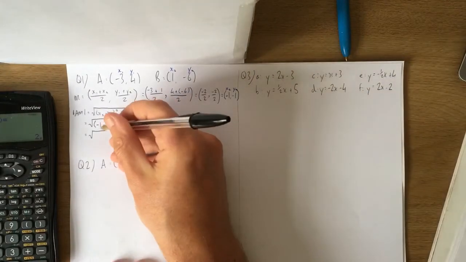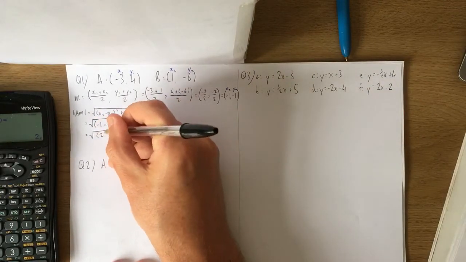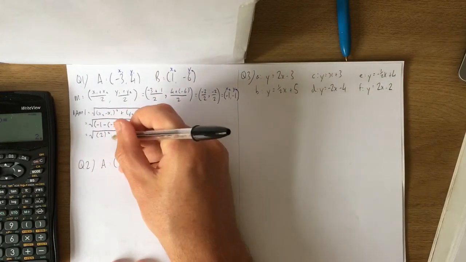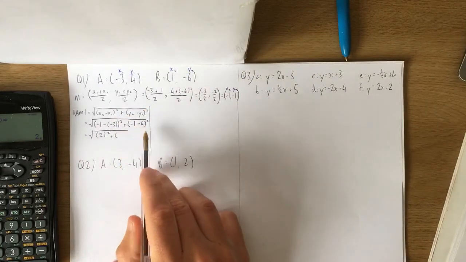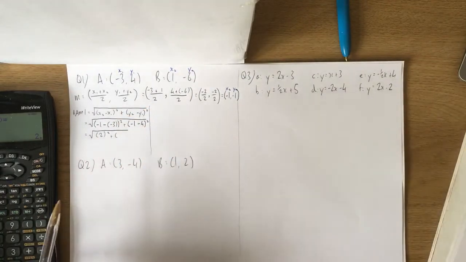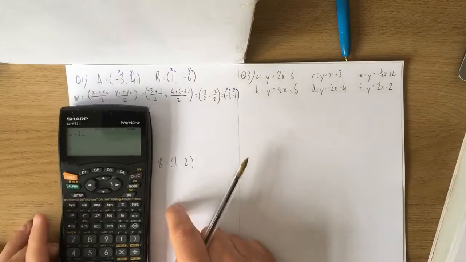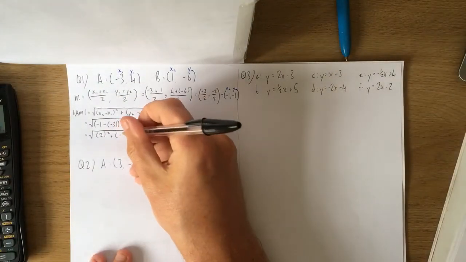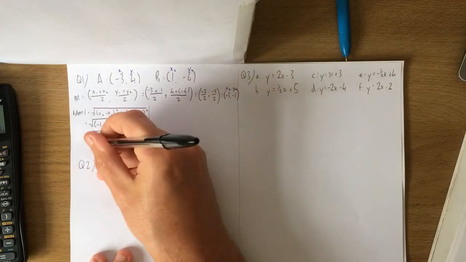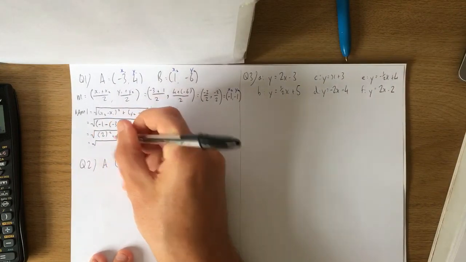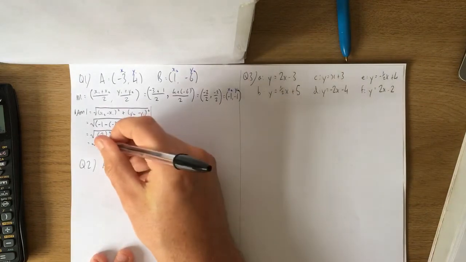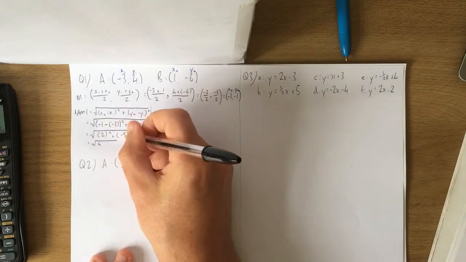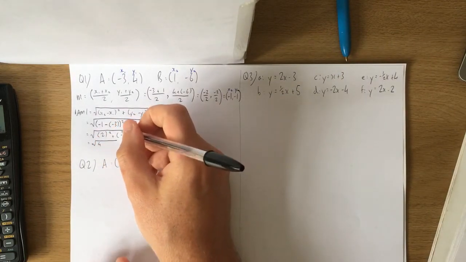So all that ends up as 2 squared plus minus 1 minus 4, which is minus 5, squared. 2 squared is 4. Minus 5 squared is plus 25.